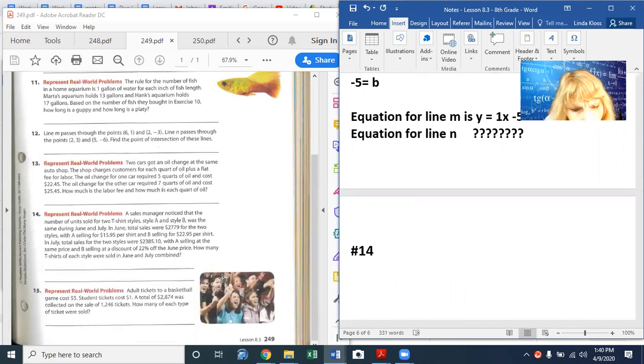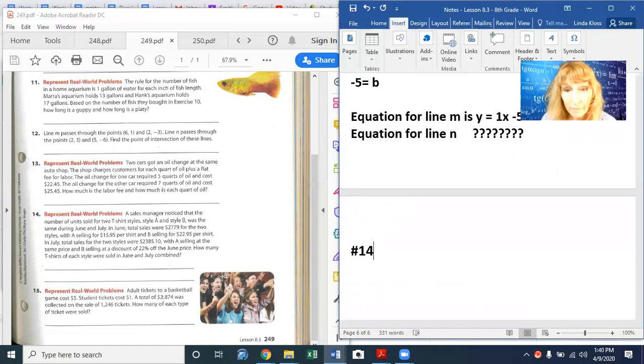A sales manager noticed that the number of units sold for 2 t-shirt styles, style A and style B, was the same during June and July. In June, total sales were $2,779 for the 2 styles, with A selling for $15.95 per shirt and B selling for $22.95 per shirt.